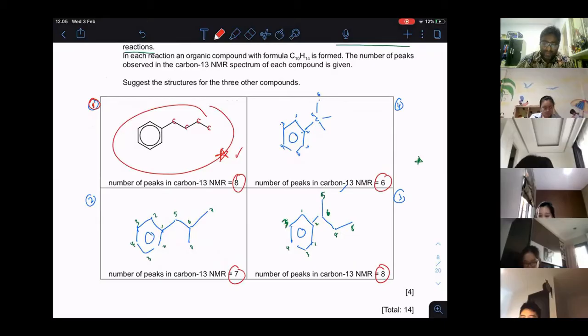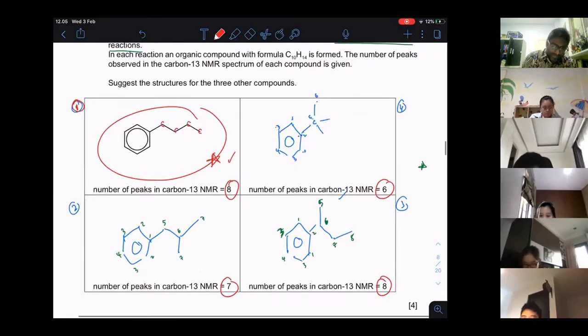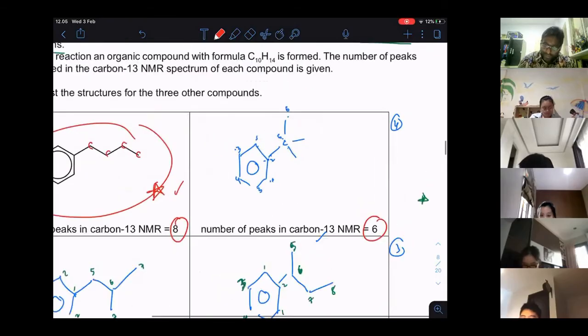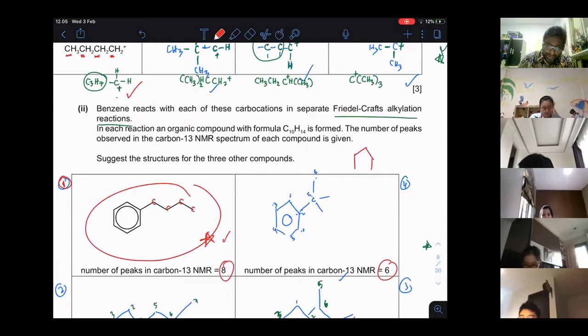Like for example, here you can see if this is done, we are left with these three. So if I have a benzene, and I react with this compound CH2 plus, maybe CH2 plus is bonded to one carbon. So this carbon is bonded to another carbon, go down.